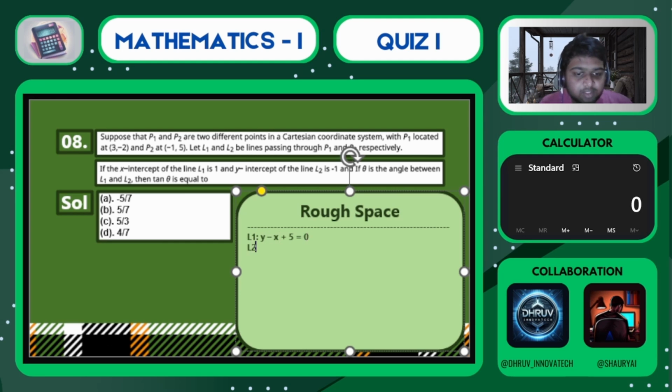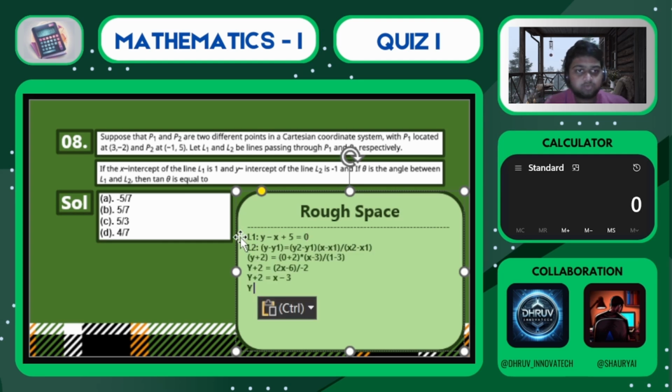Now let's do the same thing for L2. First, we'll take the same formula.